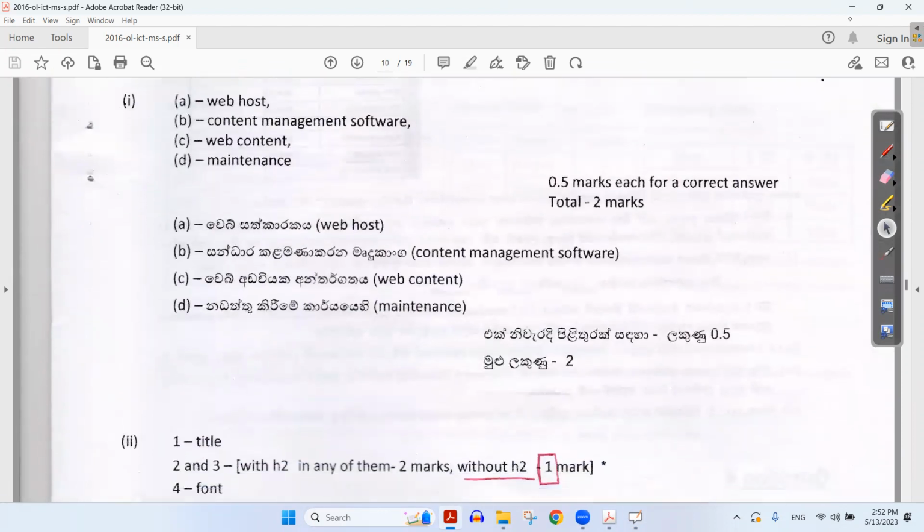Yes, first one web host, second one content management software, third one web content, fourth one maintenance. So 2 marks. For each part, it's going to be 0.5 marks.